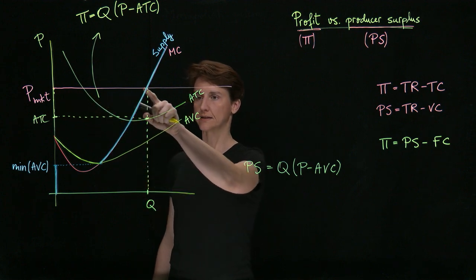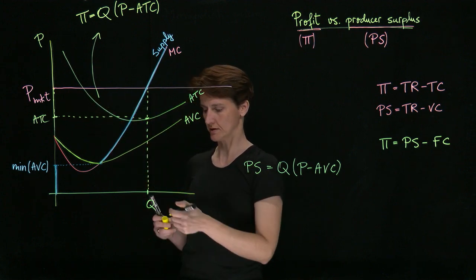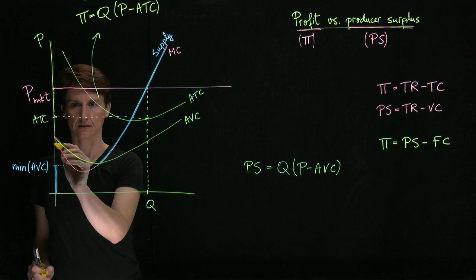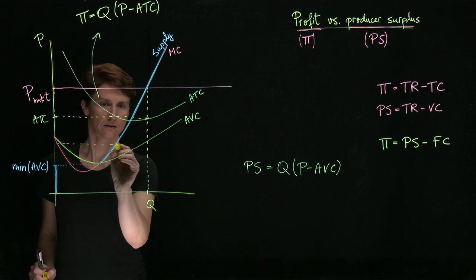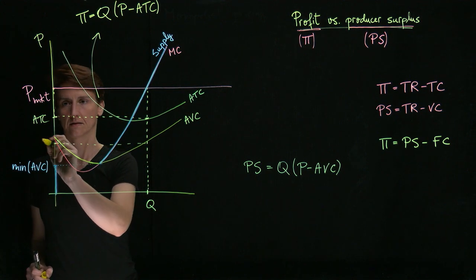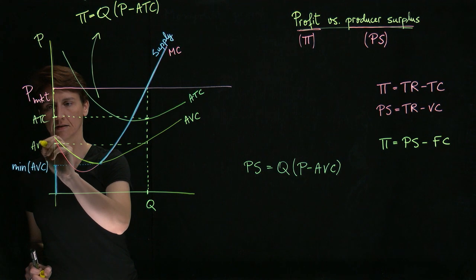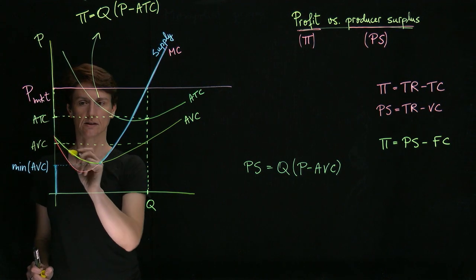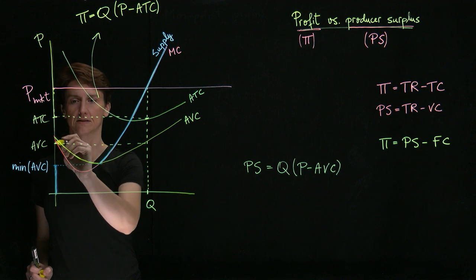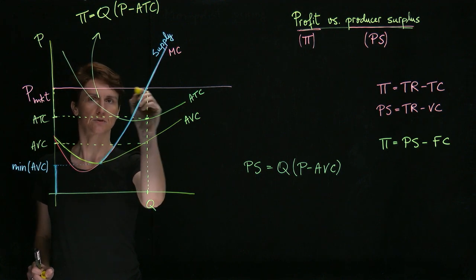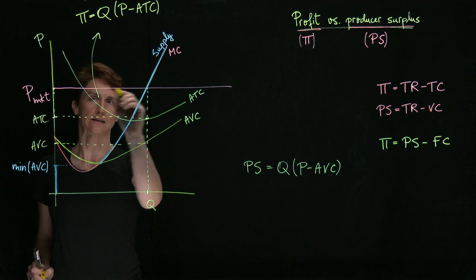Well, we have price minus average variable cost. So then, if this is AVC at that quantity, then producer surplus is price minus AVC times Q. So it's this larger rectangle.